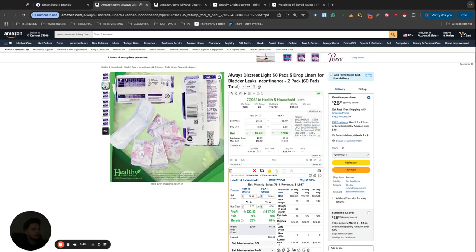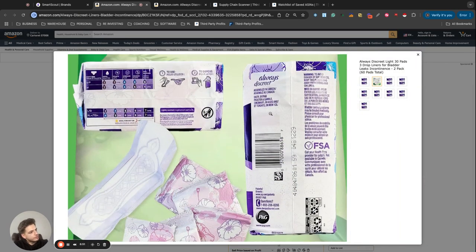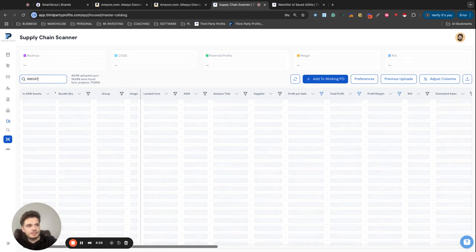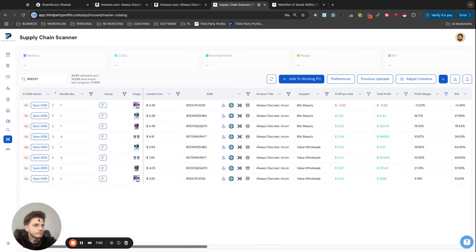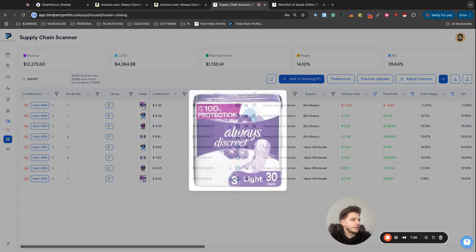Next item here, let's see if we can find a UPC. So there is one here. It ends in 886587. And just like that, we found the item. We can see that multiple suppliers are carrying this product.